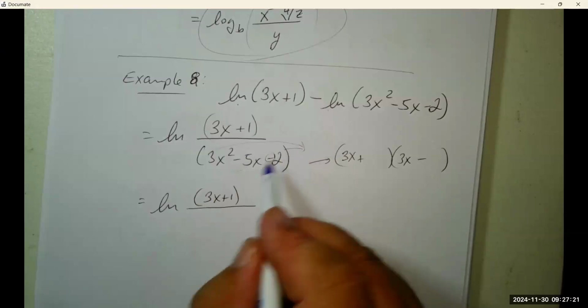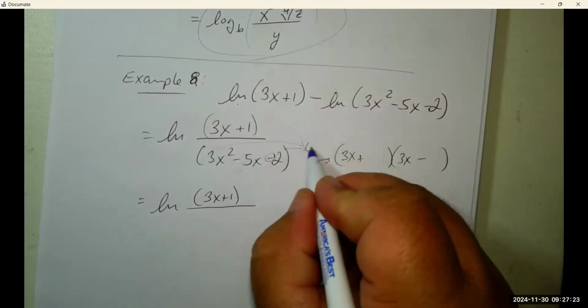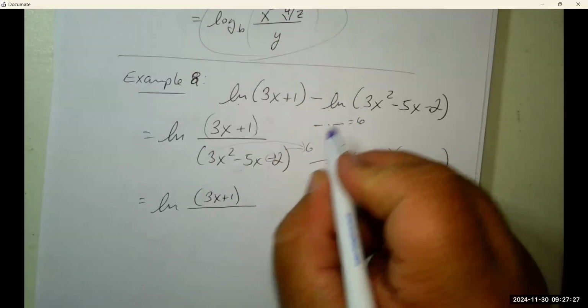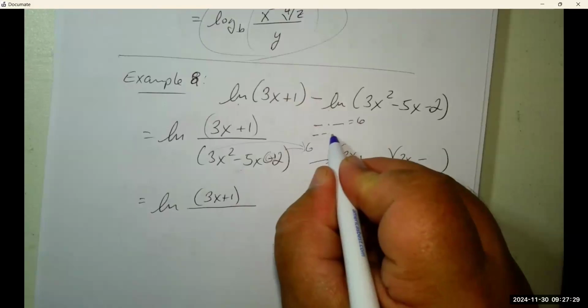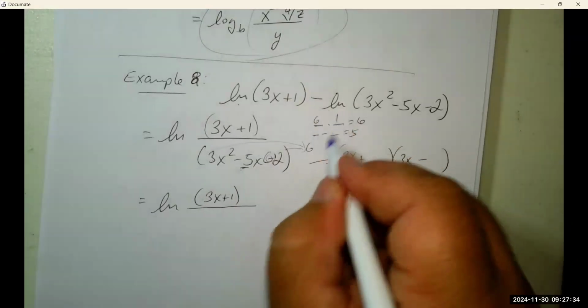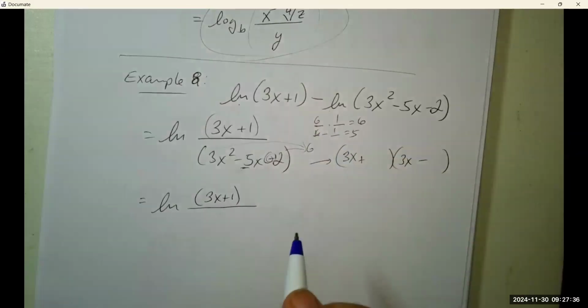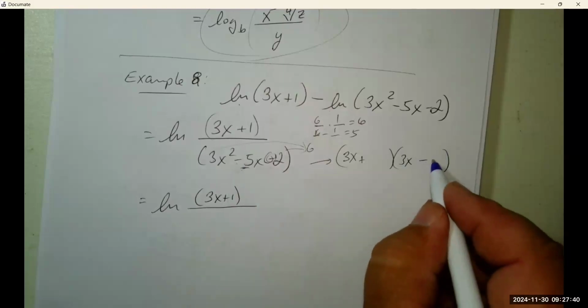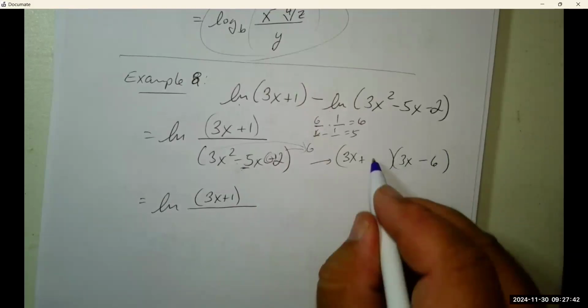Take these. 3 times 2 is 6. So what times what equals 6? When we subtract them, we get 5. 6 and 1. And since the first term's a minus, the bigger number goes with the minus.